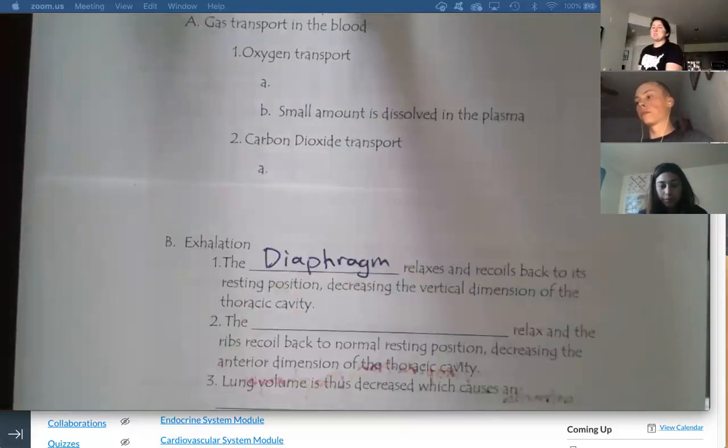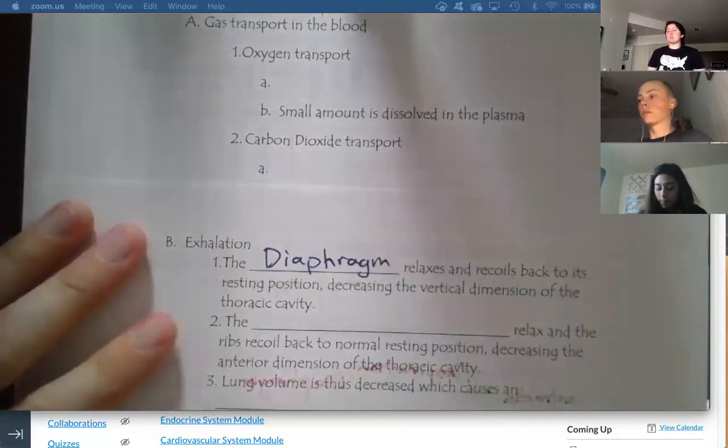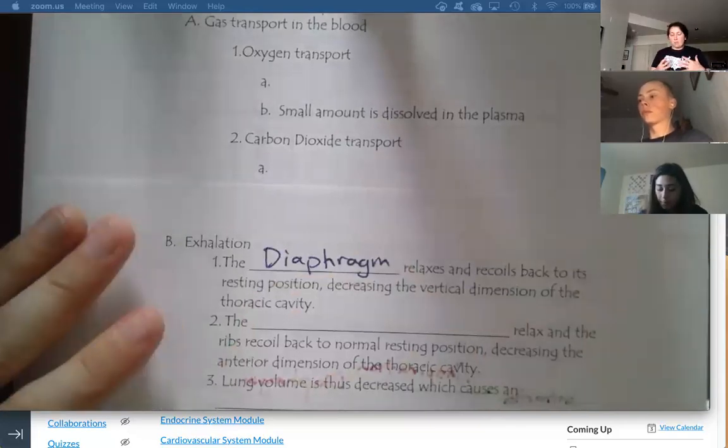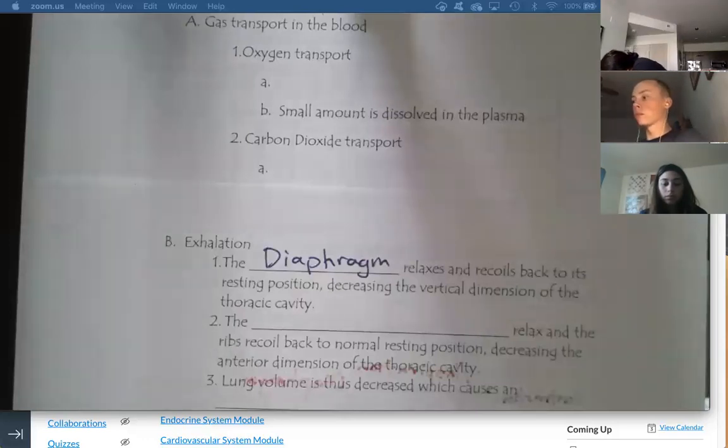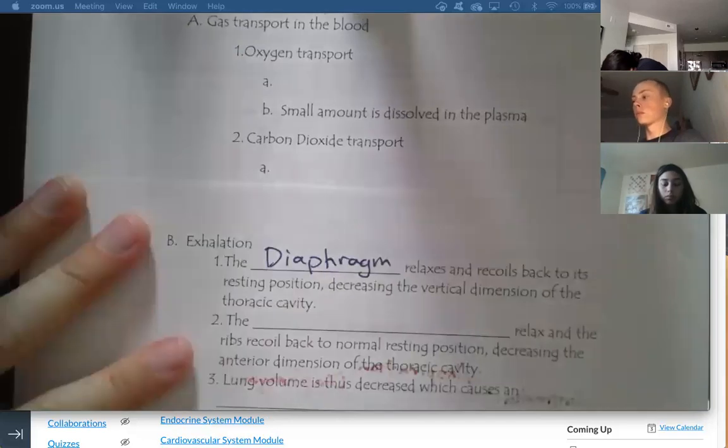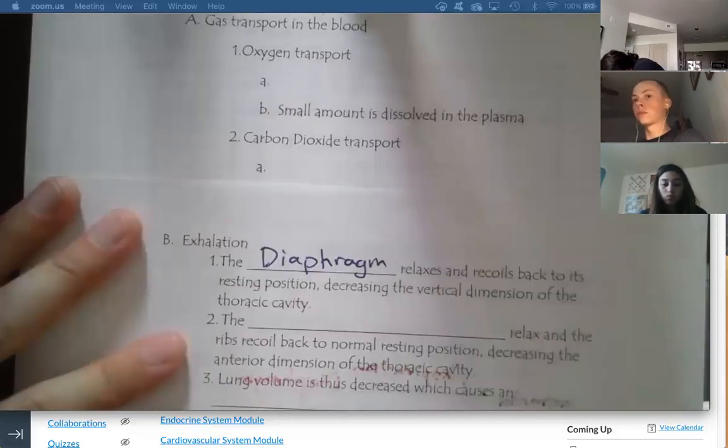Next, the internal intercostals are going to contract and pull the ribs back down. At the same time, the external intercostals are relaxing. I'm going to reword this because I don't necessarily like the way that it's worded.